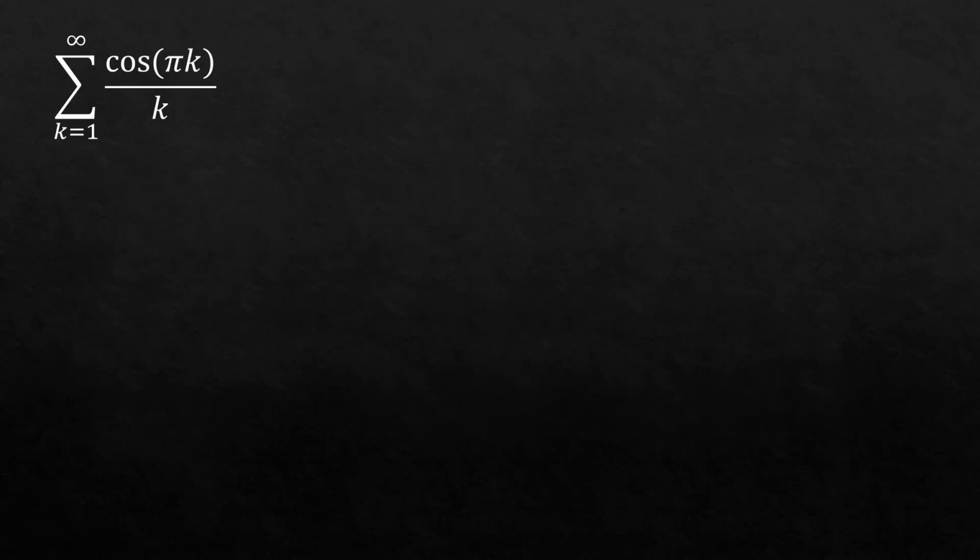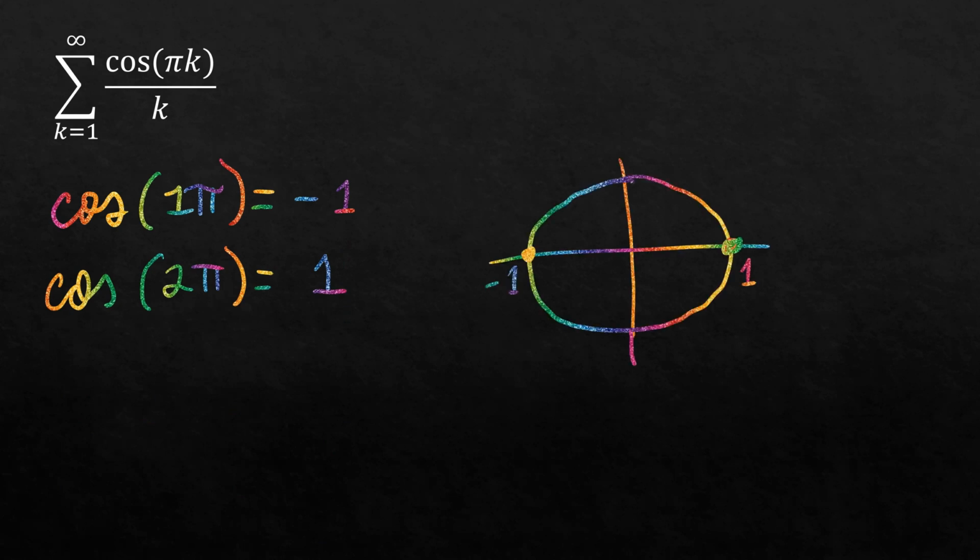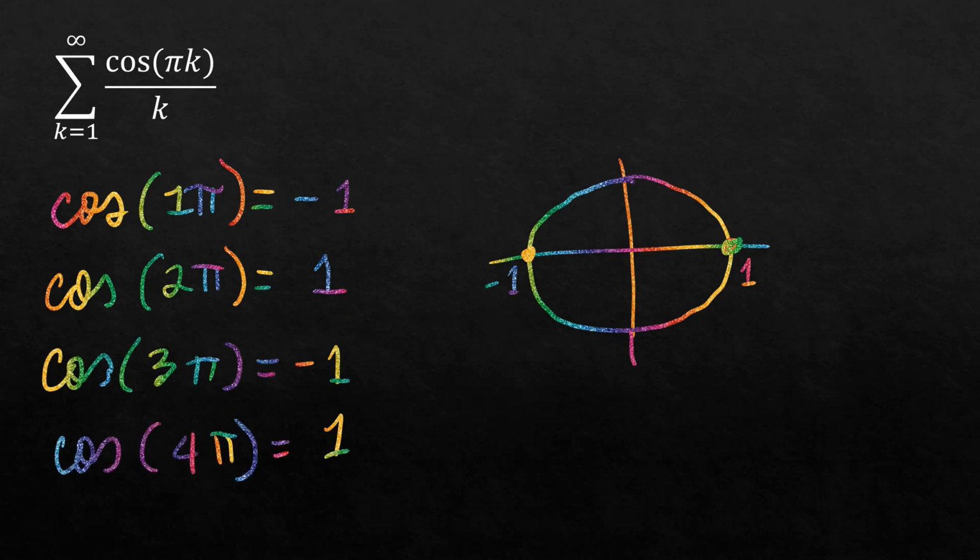This one, however, doesn't look like an alternating series. But if we write it out, for k equal to 1, you have cosine of pi, which is negative 1. And then cosine of 2 pi is 1. And then cosine of 3 pi is negative 1. So yes, it is actually alternating between 1 and negative 1.